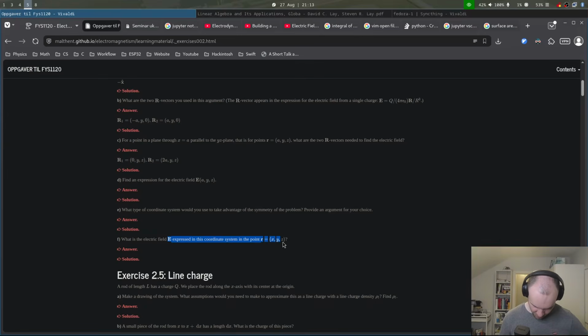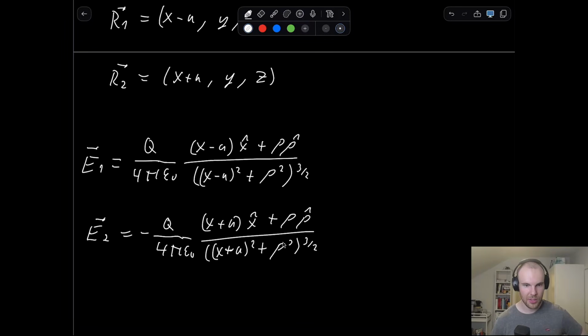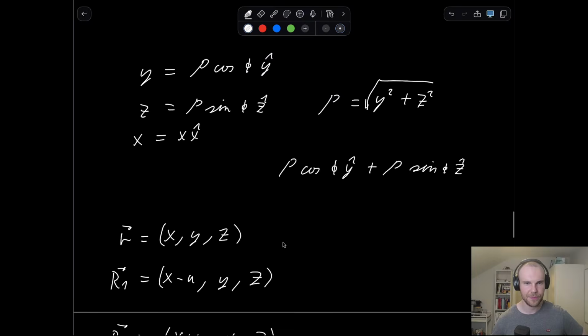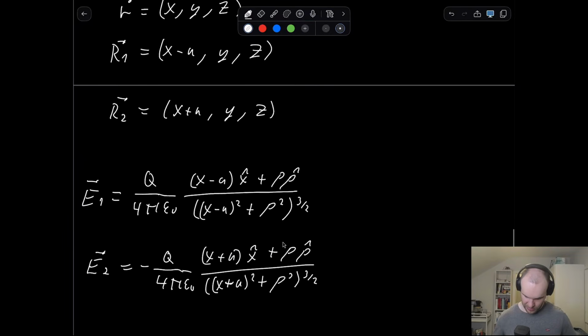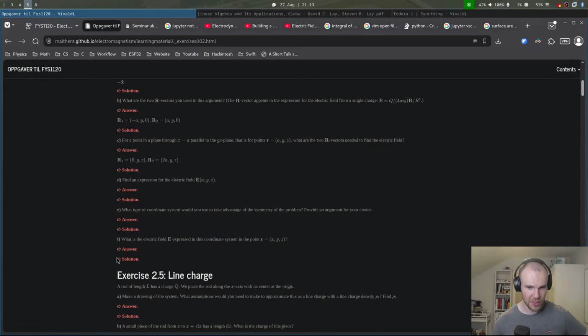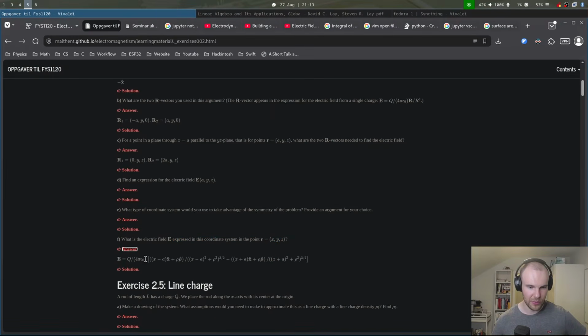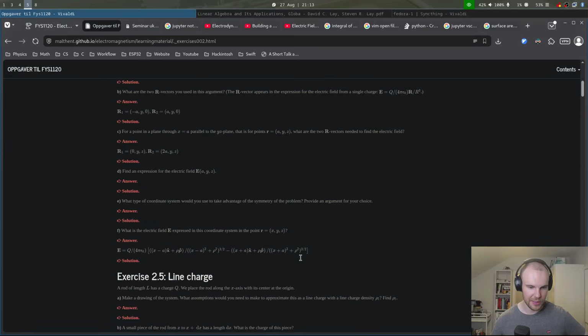And then below we have, yeah, it's just the same, x plus a squared plus rho squared, to the power 3 over 2. So that should be all right. And I, of course, forgot to change, but here you see, here it is. Okay, perfect. It should be entirely correct: x minus a, x hat, yes, rho. Yes, it's entirely correct.